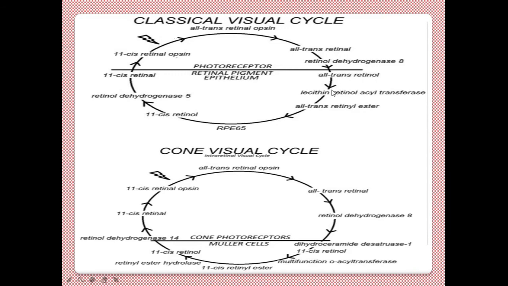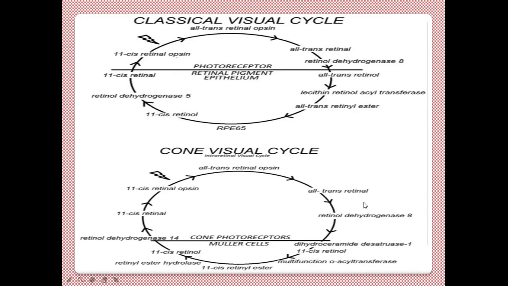The same visual cycle happens in cone cells. This is the intraretinal visual cycle. All-trans retinal plus opsin is there. When light falls on that cone cell, all-trans retinal is formed.